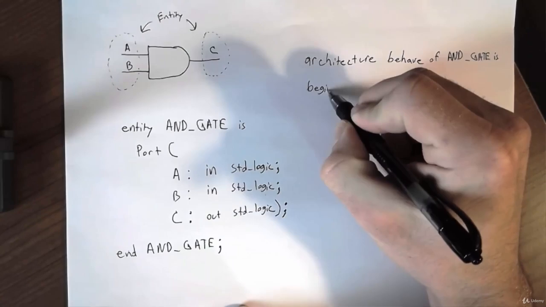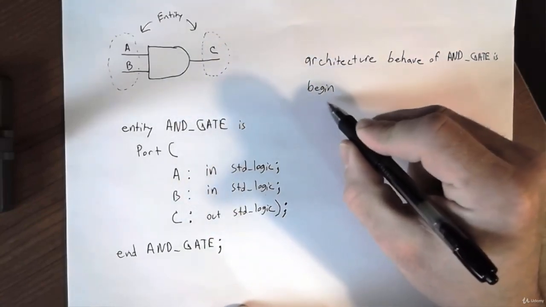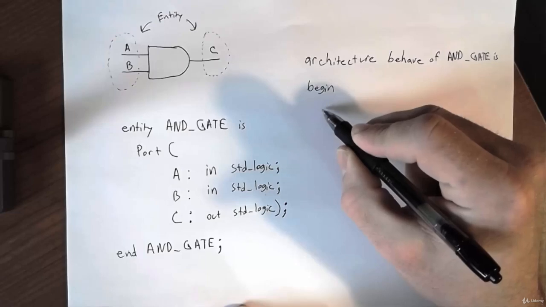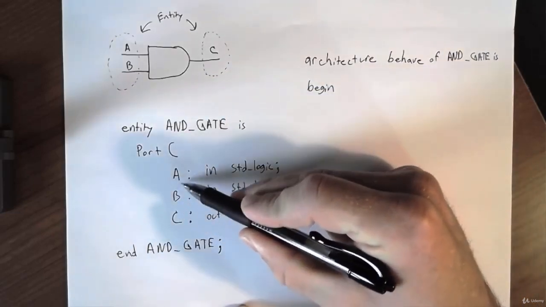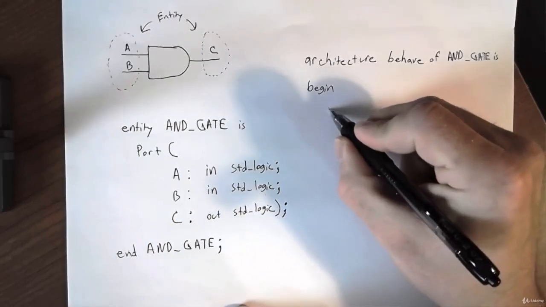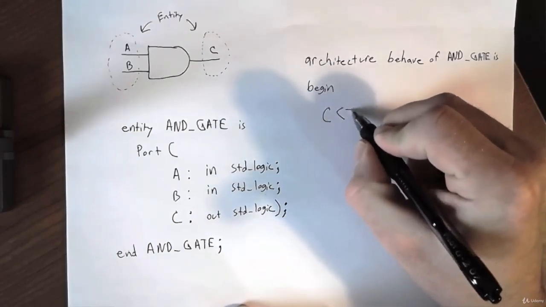And then we use the keyword is and the keyword begin. Then, in the middle here after the keyword begin, we want to define how our output is going to be derived from our two inputs. So we know that we have our C signal, and we're going to give it the signal assignment.